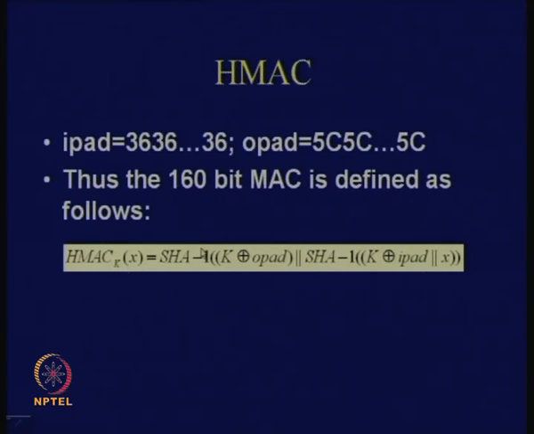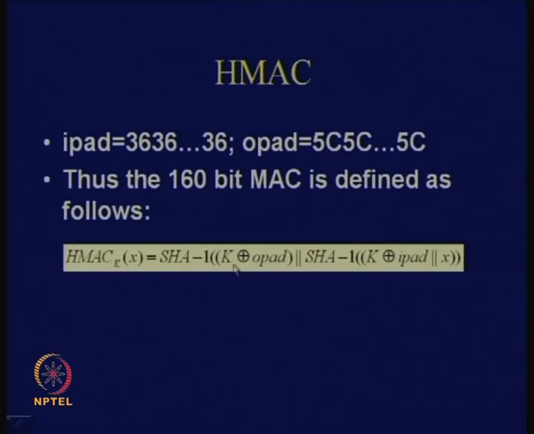The 160 bit MAC is defined as follows. You take k and XOR it with IPAD, append the value of x, and apply the SHA-1 function. Again append this with k XORed with OPAD, and again apply the SHA-1 function. Here you need to apply the compression function multiple times because x can be arbitrary.